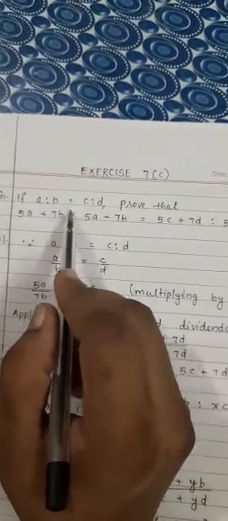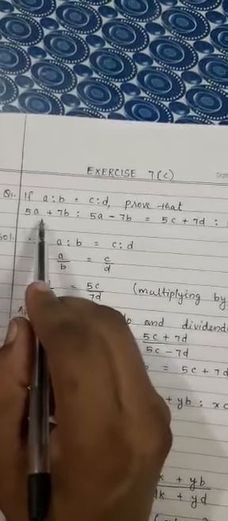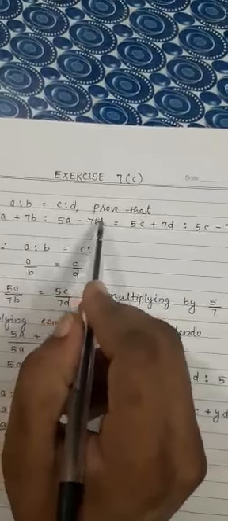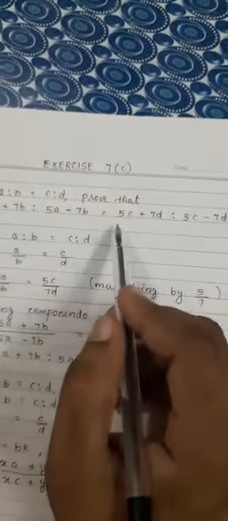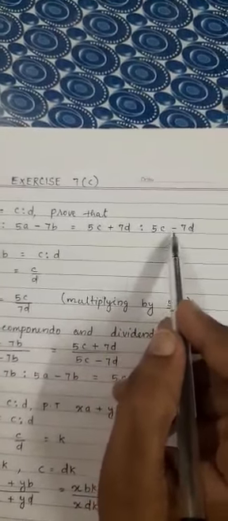First question. If A is to B equal to C is to D, prove that 5A plus 7B is to 5A minus 7B equal to 5C plus 7D is to 5C minus 7D.